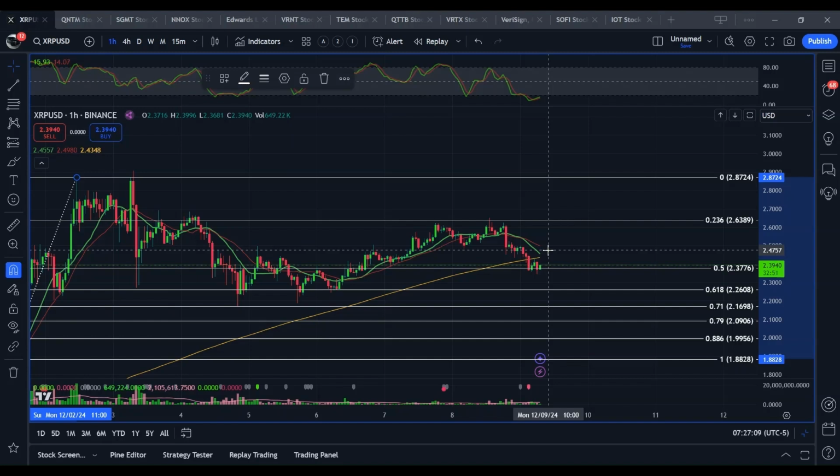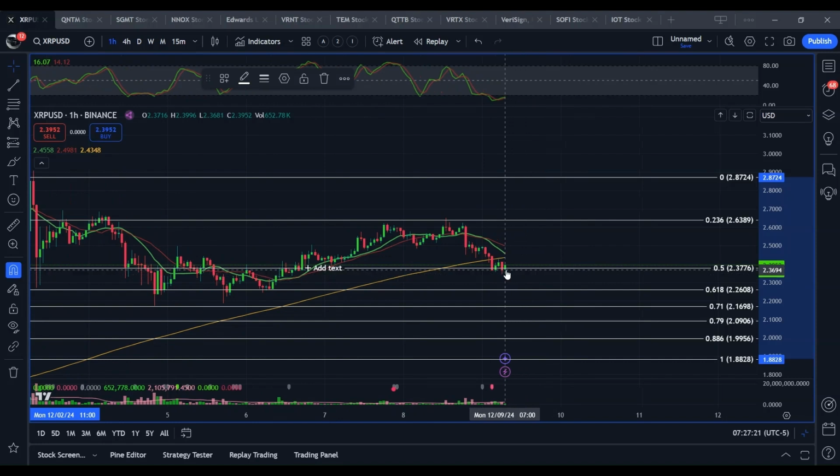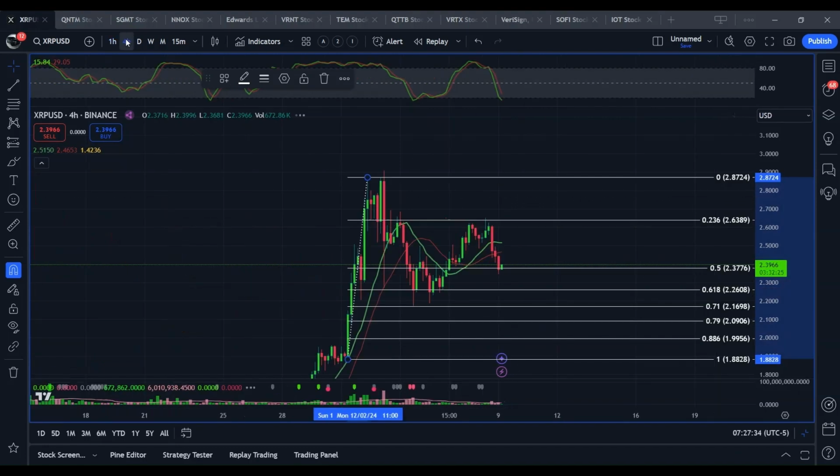So it's almost like asking yourself, are these 3 resistances going to lose to this one support? I don't know. Could be. But this is your support, the 50 level. And these are your 3 resistances that are going to try to keep price below the 200. And the 200 is at 2.43.